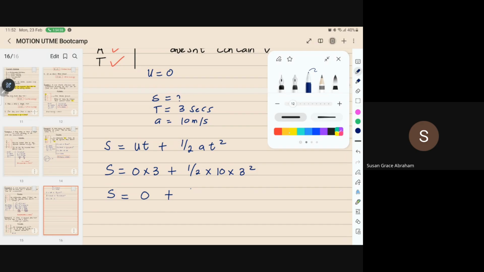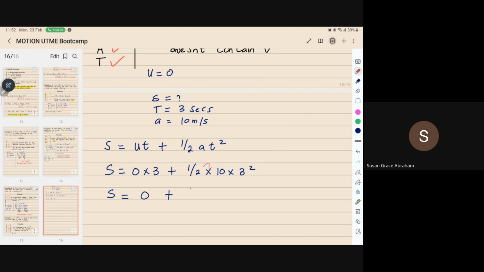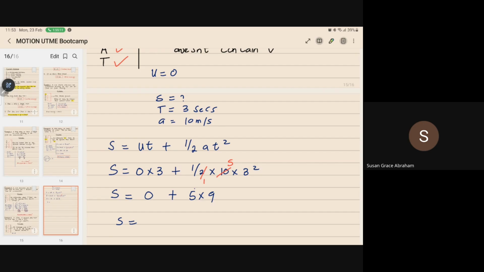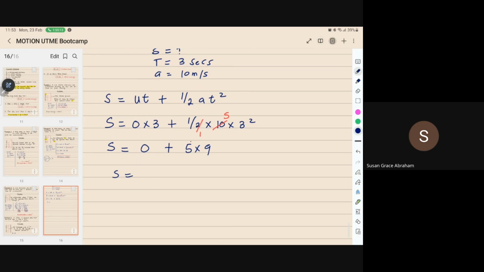You can divide through: 2 can divide 2 to give us 1, and 2 can divide 10 to give us 5. I know that division might confuse people, but I hope you are following. Times 3 squared, which is 9. So S is equal to 0 plus 45. So S is equal to 45 m.